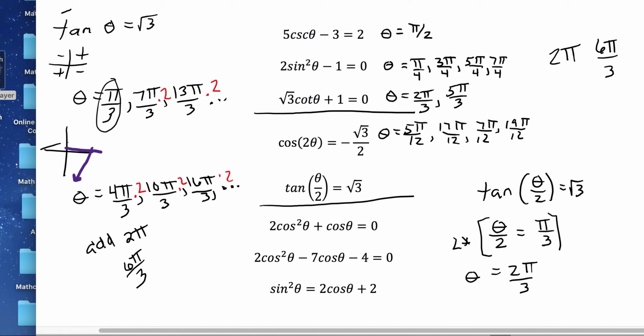And I think everything else is going to end up being too big. So the first one, 7 pi over 3 times 2, that would be 14 pi over 3, too big. Even the bottom one, the 4 pi over 3, when we multiply by 2, we're going to get 8 pi over 3, also too big. All right, so you should only have this one answer at 2 pi over 3.